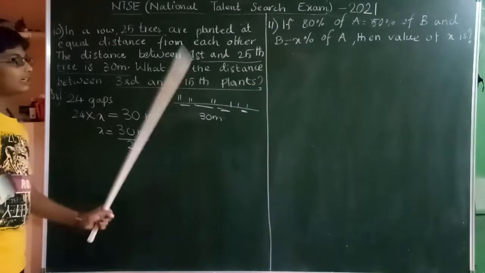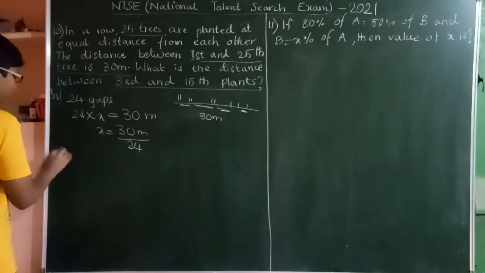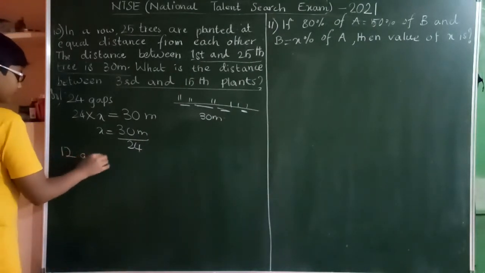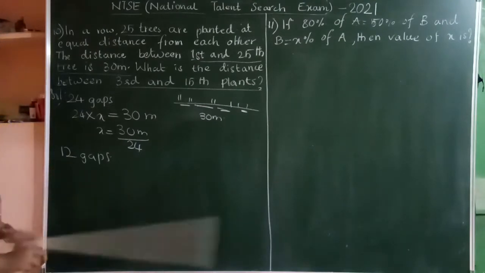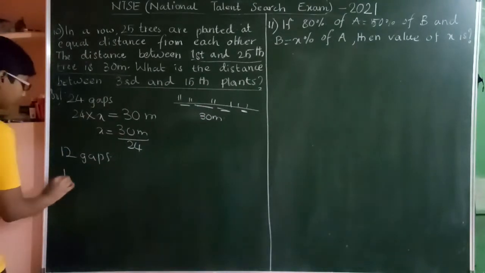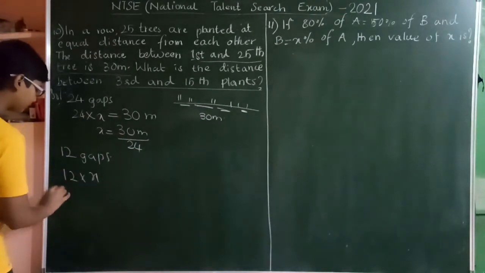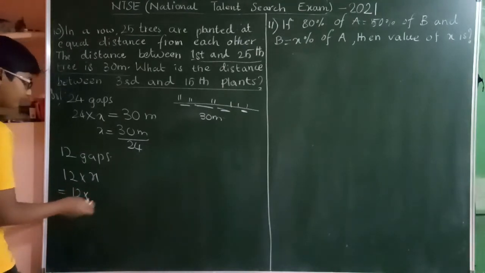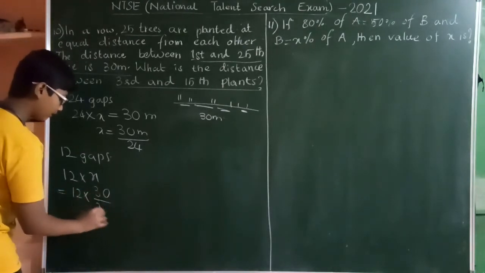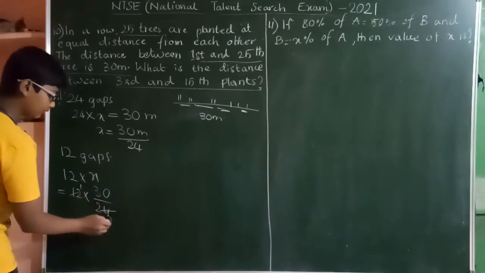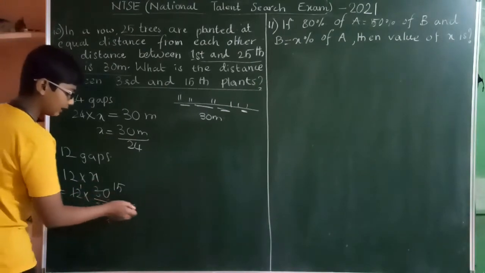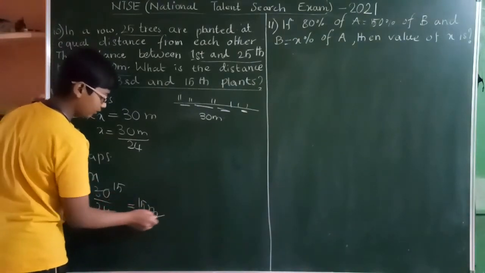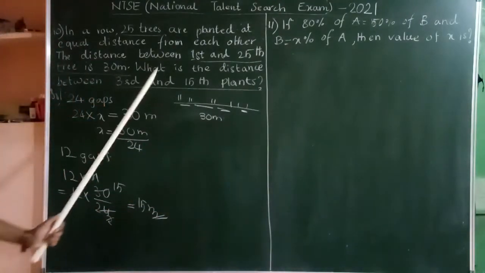Between the third and 15th plants there will be 12 gaps. So the distance will be 12 into x, that is 12 into 30 by 24. 12 ones are 12, 12 twos are 24, 2 ones are 2, 2 15s are 30. So there will be 15 meters of gap between the third and 15th plants.